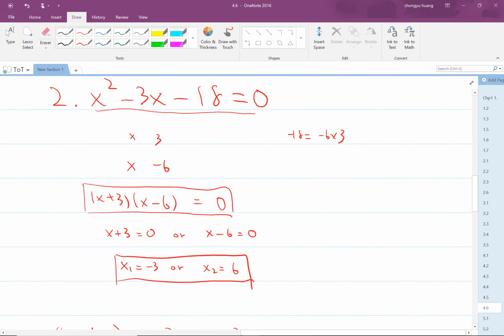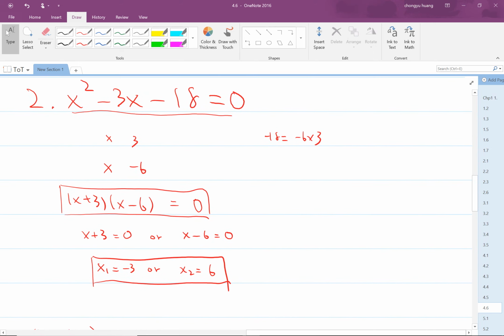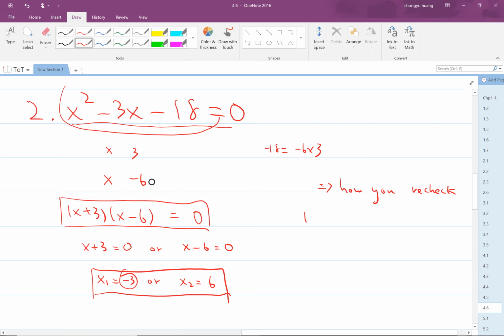So let me show you how you recheck it, okay? The way you recheck is you just plug the number back into the equation. Over here we have x1 equal to negative 3, so you plug negative 3 in and check if it is equal to 0.